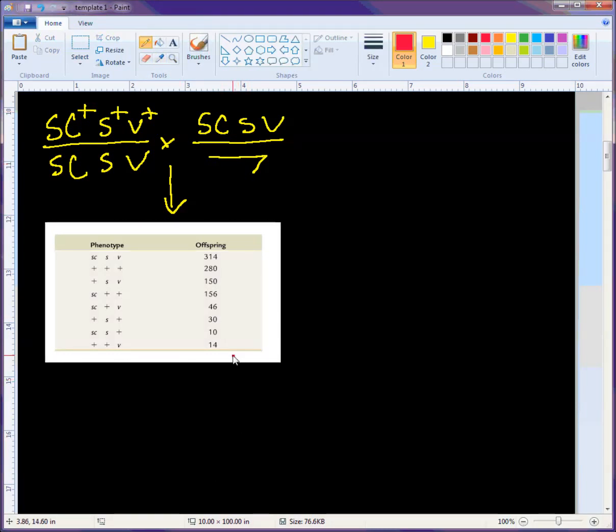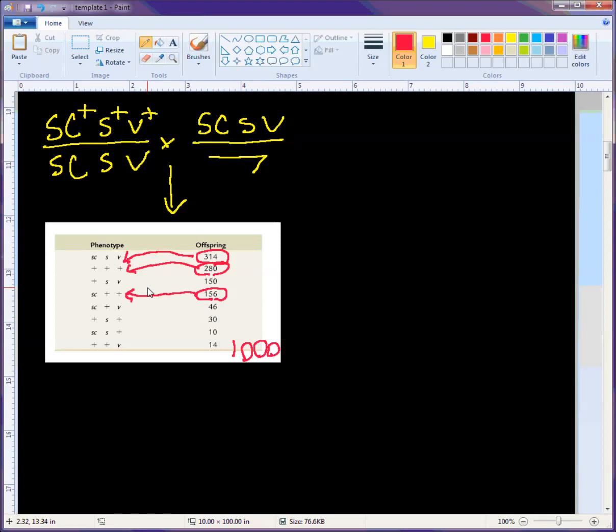And the question gives us the phenotypes of those 1,000 progeny in the F2 generation. So 314 of them have the mutant phenotype of scute, sable, and vermilion. 280 of them are wild type, and so on and so forth. I'll just choose this one right here. 156 of them have the scute phenotype, but are wild type for the other two genes.